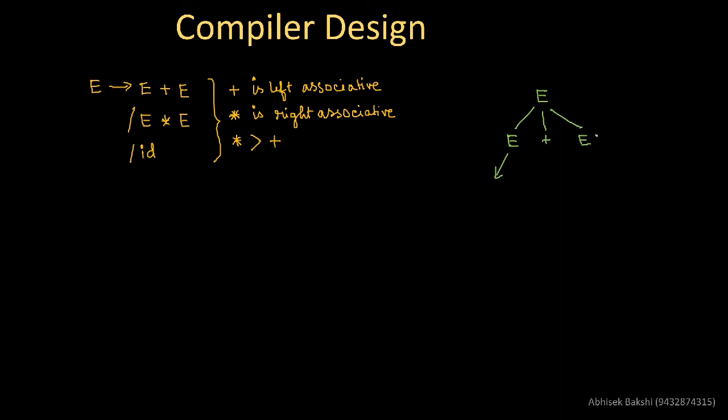But if we have an E over here, then we have a chance that it can be on the right side also. So somehow I cannot keep E in the right-hand side. If I keep E, then I will have a possibility that I can go to the right side also.